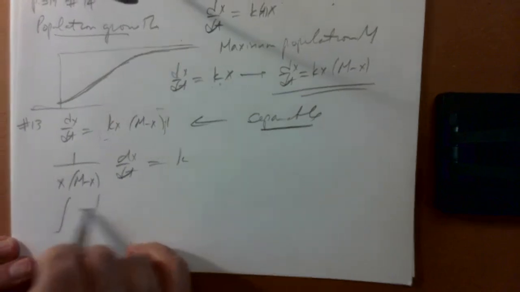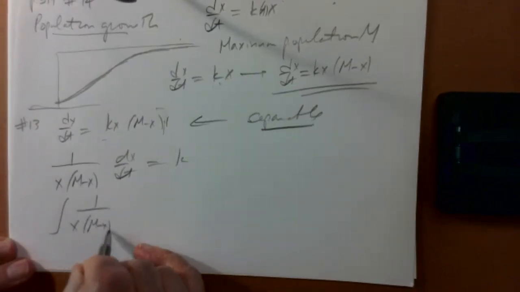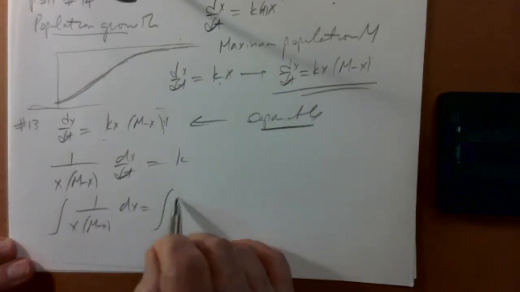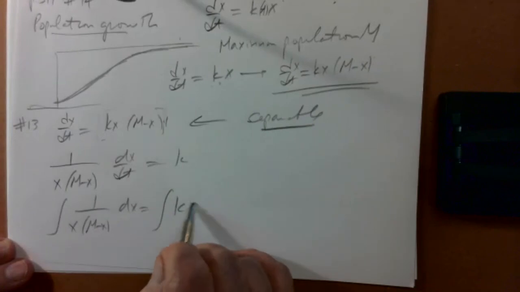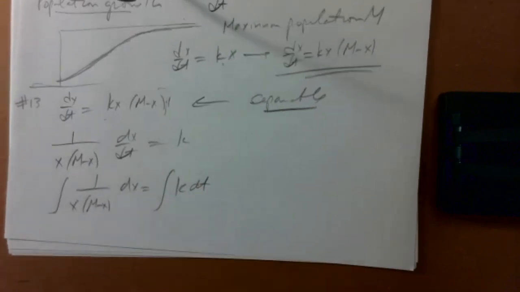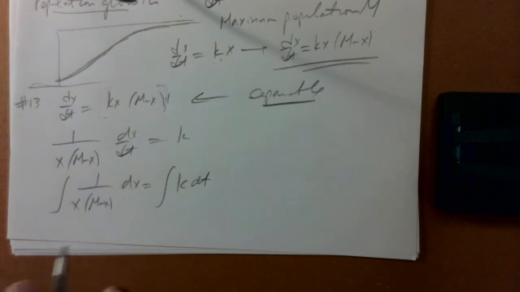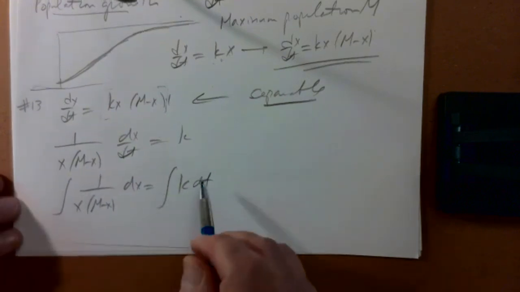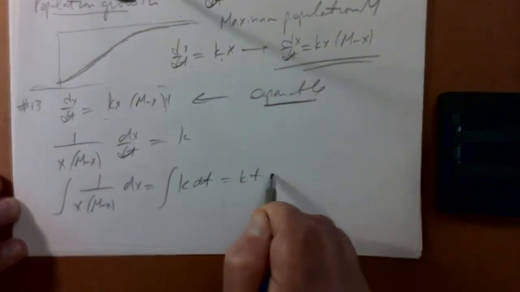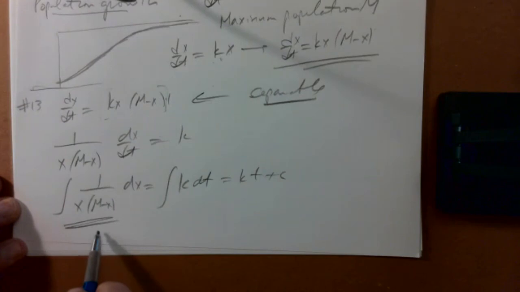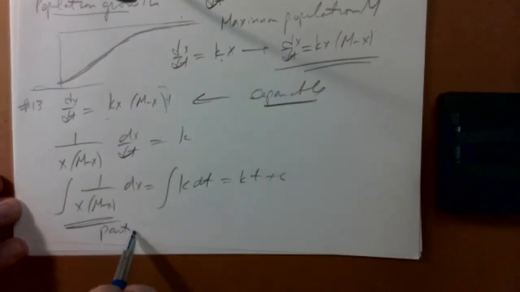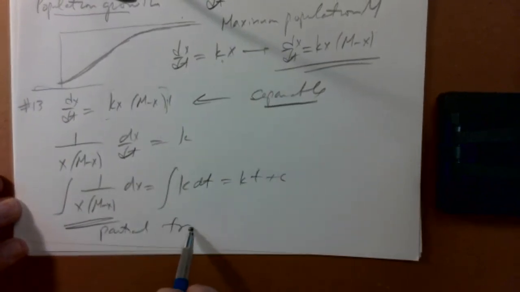Or the integral of 1 over x times m minus x dx is the integral of k dt. And can we do these integrals? Well, of course, on the right-hand side, this is just kt plus a constant. And on this side, we can solve this using partial fractions.